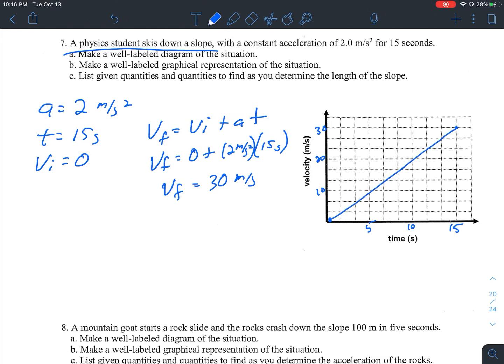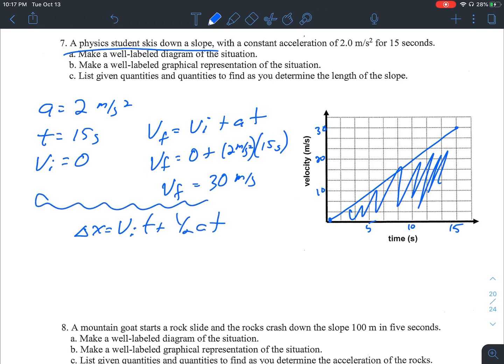Plot that line in. Again, we could find the area underneath this to get the length of our slope, or use one of the other equations we were given, like the kinematic equations, that is.